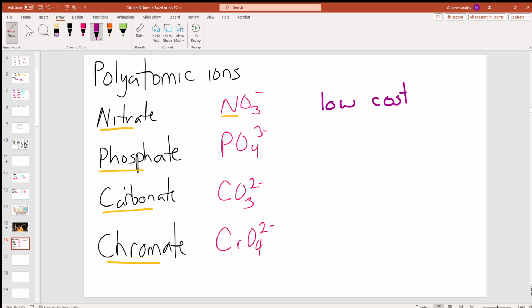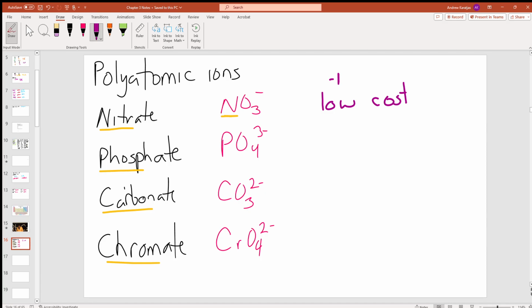So if we remember that, then we can think of the term low cost. For our phrase, we then have to look at how many consonant sounds are in each word. The first word, the number of consonant sounds, is going to give us the charge. So there's one consonant sound in low, so that gives us the charge of -1.